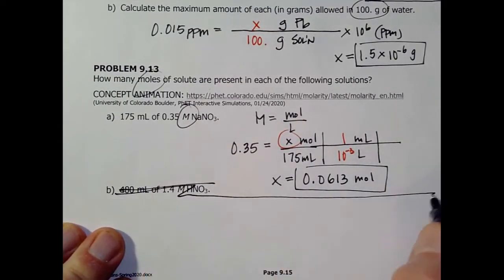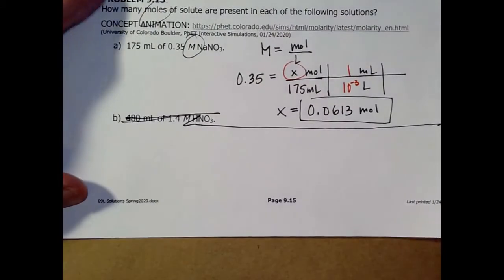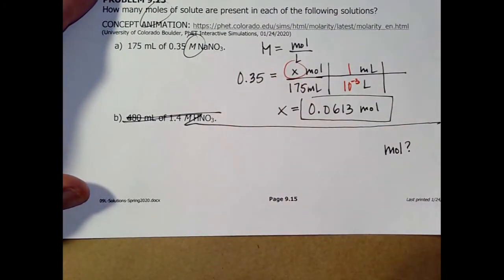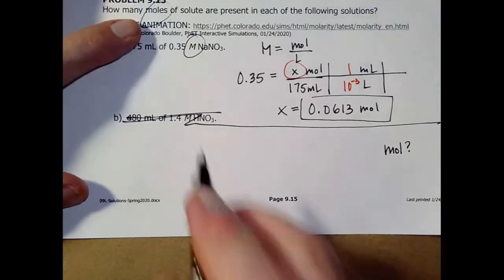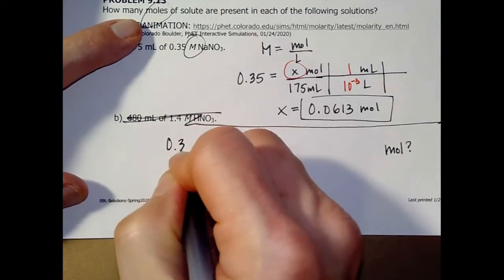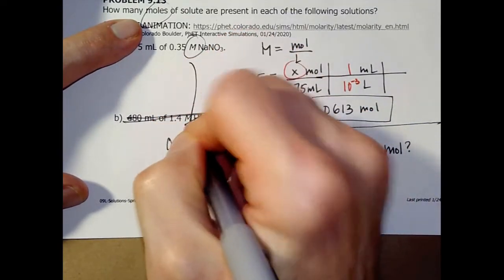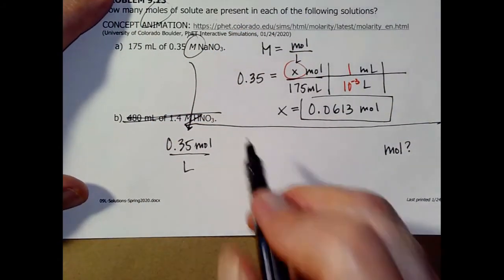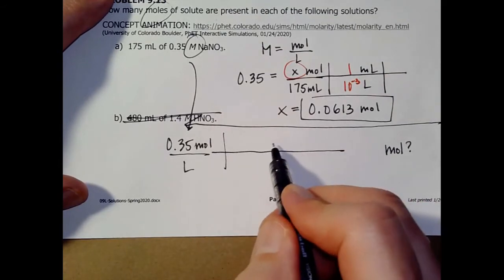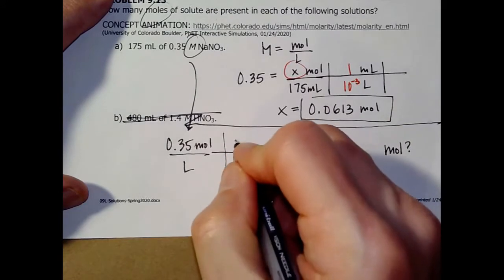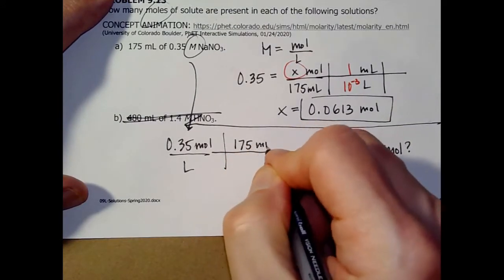Now, I'm not going to do that one. It's the same. Let's do it a different way. What if you said, how many moles? What if we started off over here? Like, how many moles do I need? Well, I've got this 0.35 moles per liter. I just think, oh, well, if I could just multiply by liters, I'd have it. I don't. I've got 175 milliliters.